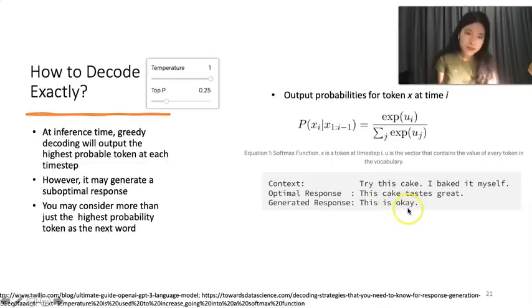And "OK" might also have the highest probability in the output probabilities for token X. So your generated response will be "this is OK," and this is not what you expect, right? So you may consider more than just the highest probability token as the next word. To achieve this, we can use some strategies, including temperature and top P sampling.